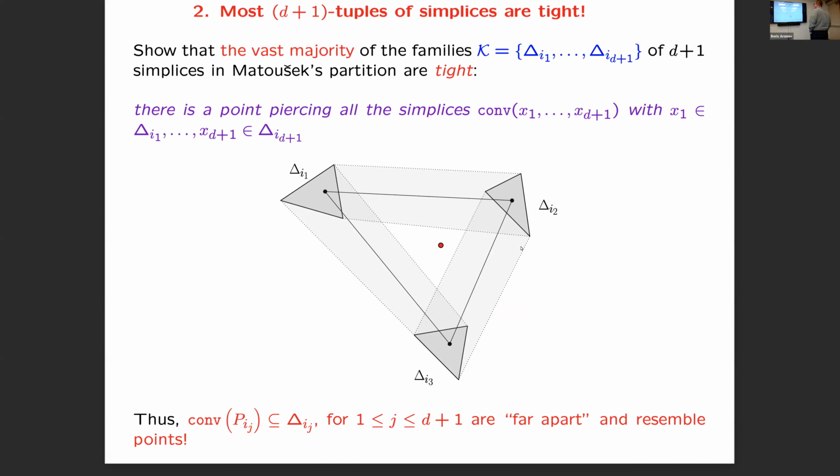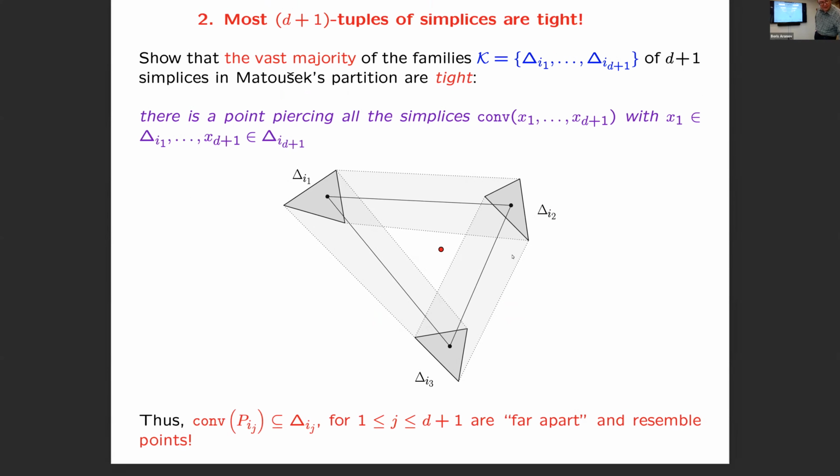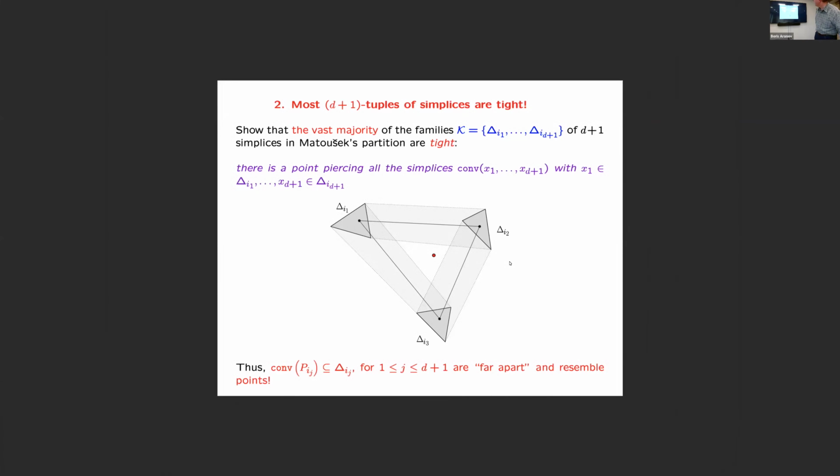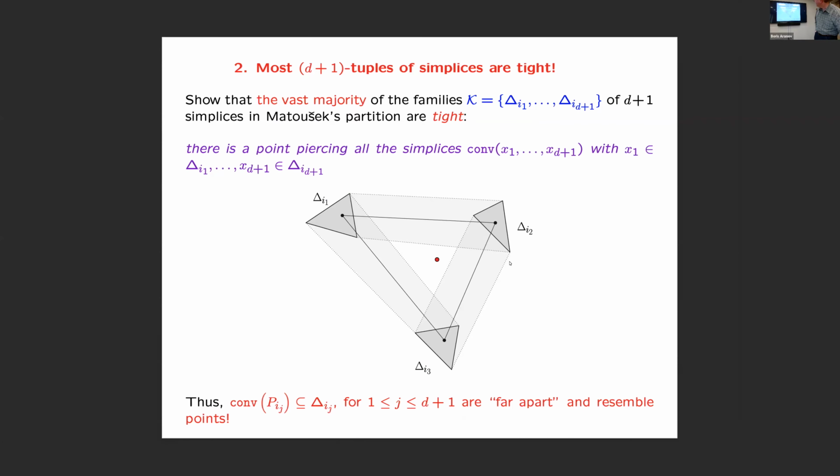So the question is, how come this partition is useful for piercing many simplices?